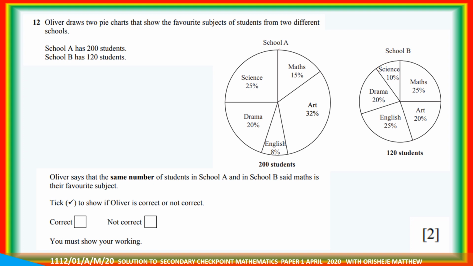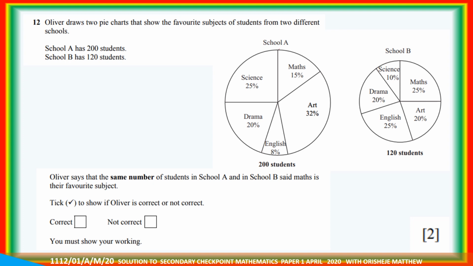Now if you look at the pie chart, in school A, 50% of the 200 students like mathematics, while in school B, 25% of the students like mathematics. Oliver says that the same number of students in school A and in school B said mathematics is their favorite subject.